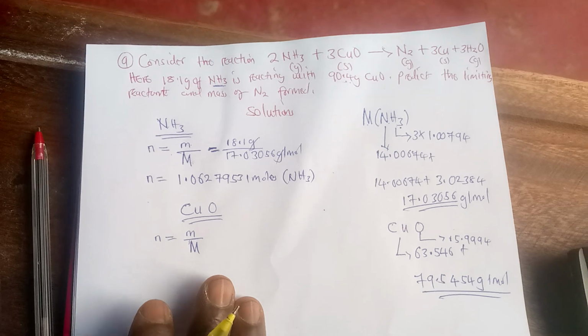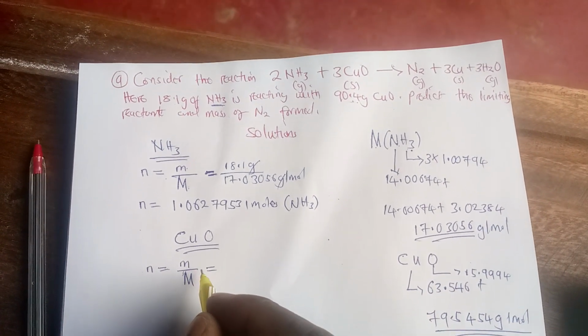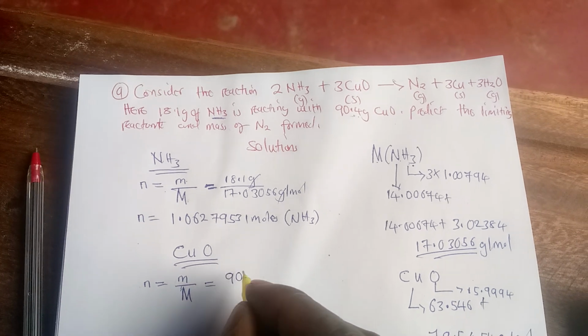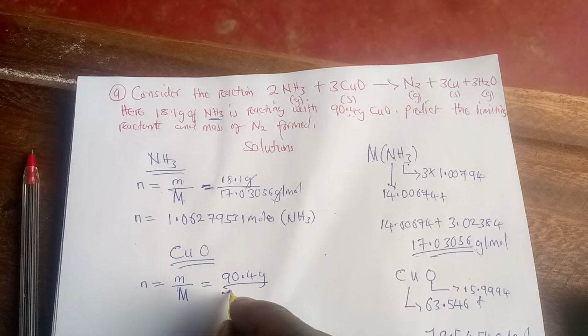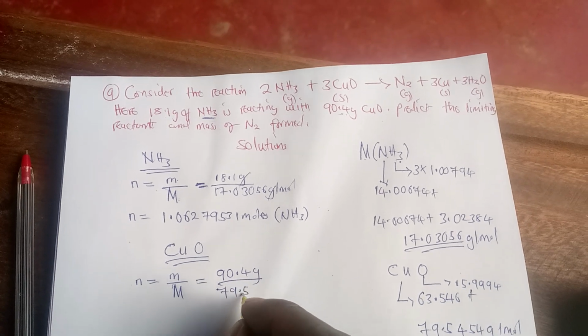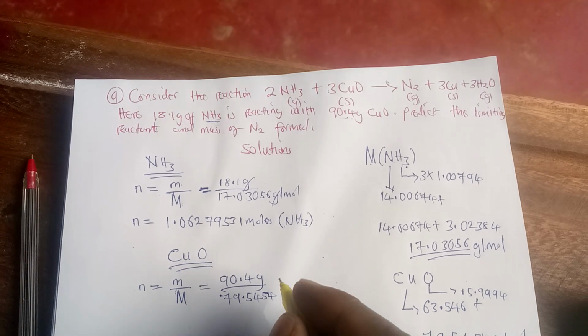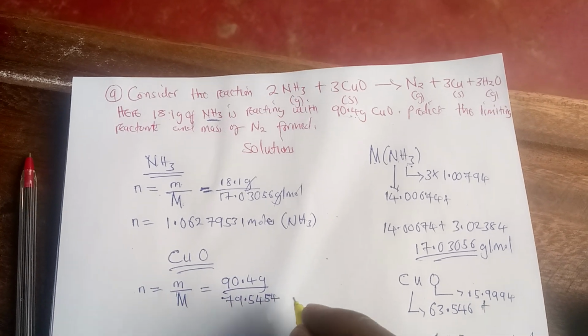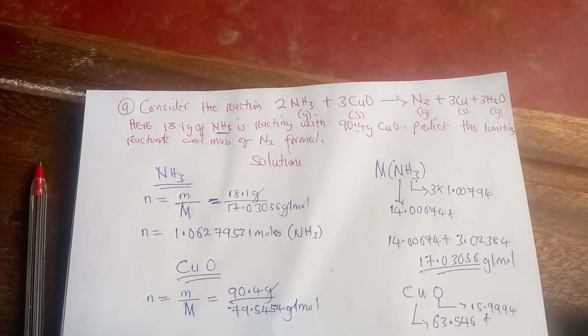Okay, so I'll come back to my formula. The mass I was given is 90.4 grams over the molar mass I have, 79.54 grams per mole. So grams and grams will cancel there.